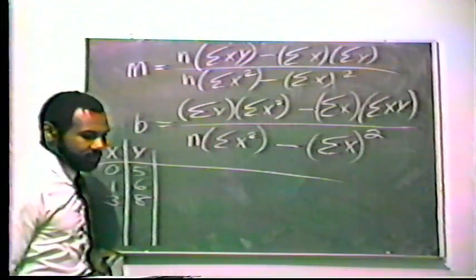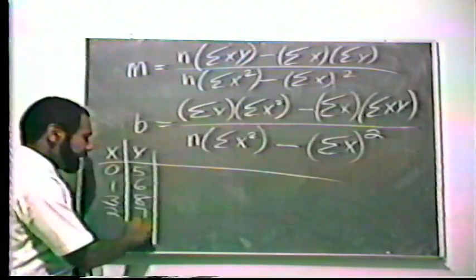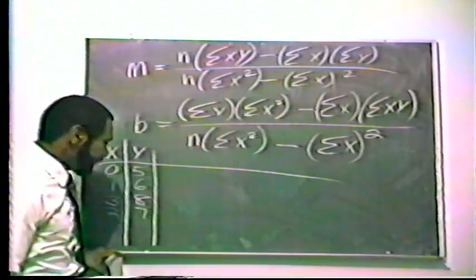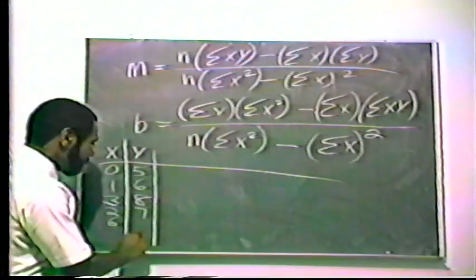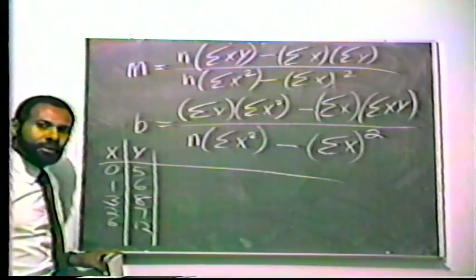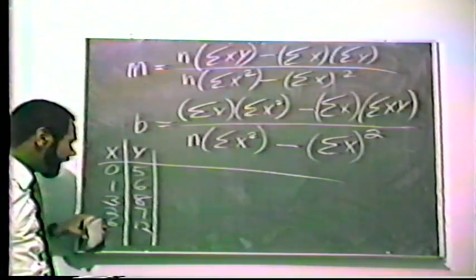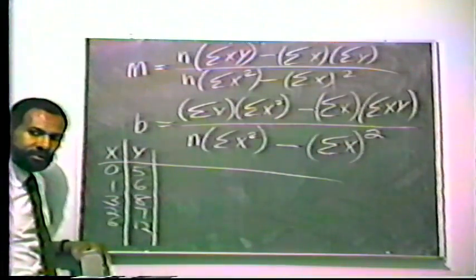For a load of 2, we had a length of 7, and finally, for a load of 6, we had a length of 12. So those were the numbers in our data set. We had 1, 2, 3, 4, 5 pairs of numbers.